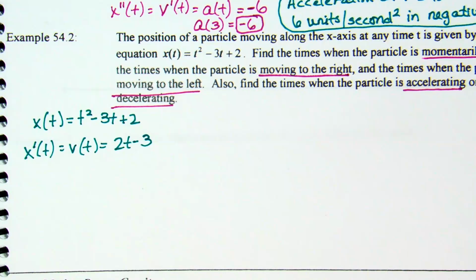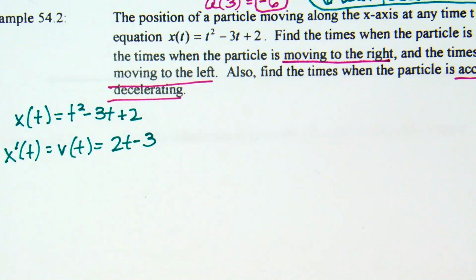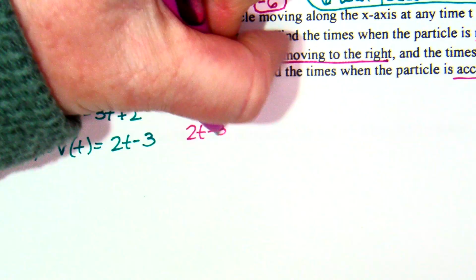Okay. How do I find momentarily at rest? Is that what equal to 0? The velocity, right? So momentarily at rest is going to happen when your velocity equals 0. So v of t equals 0. My v of t is 2t minus 3.